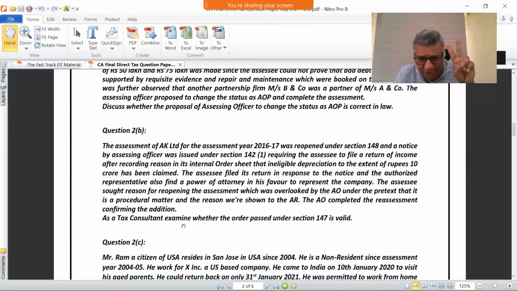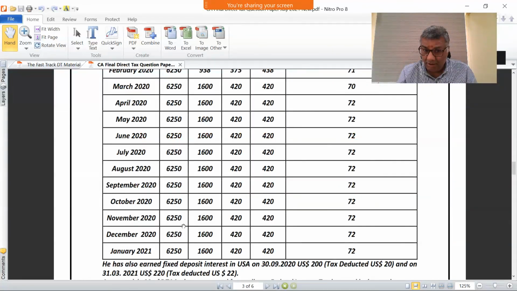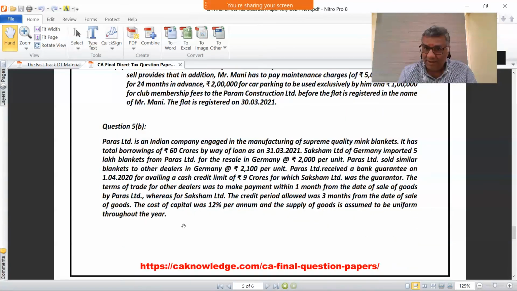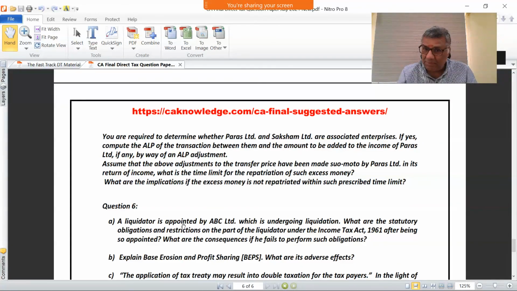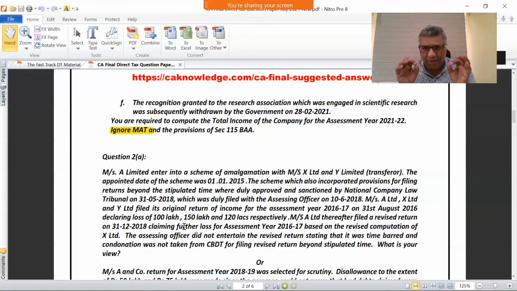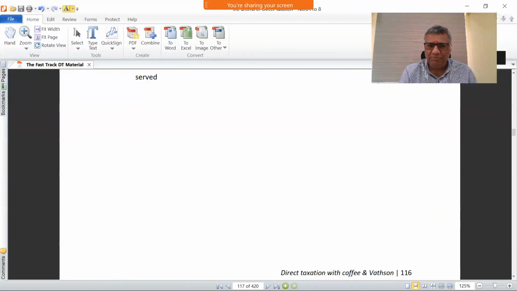These are the two questions that came in the examination itself. Trust me, all others have nothing to do with assessment procedures. All others, assessment procedure is 10 marks, max 15. I don't feel 15 marks will come, only 10 marks will come.